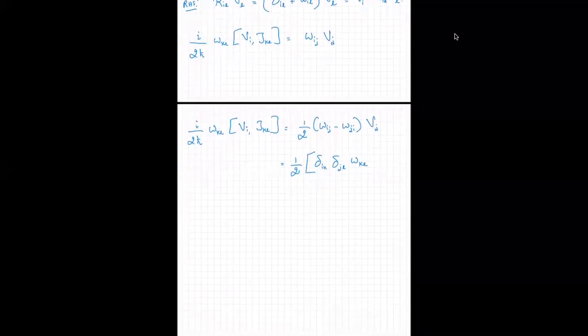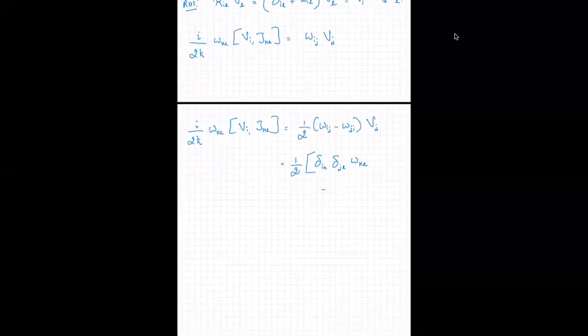So now I will make all the omegas to be omega KL. If I want omega IJ to be omega KL, I should have the I match with the K and the J match with the L in the first term. So I should write down a delta IK times a delta JL omega KL. Please verify that delta IK times delta JL omega KL is nothing but omega IJ.